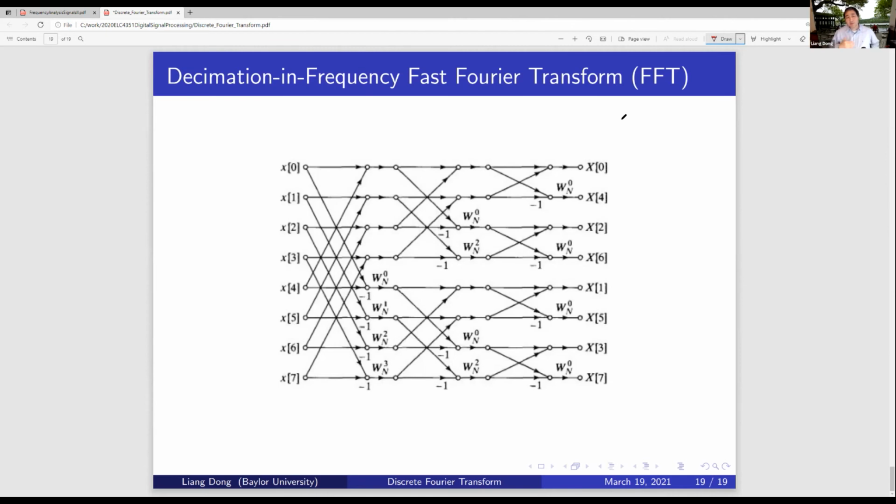So the previous is decimation in time, but we can also do decimation in frequency. With decimation in frequency, you can see I start from the frequency part and move this into a big N over 2-point DFT, N over 2-point DFT. Then I divide smaller and smaller, right?